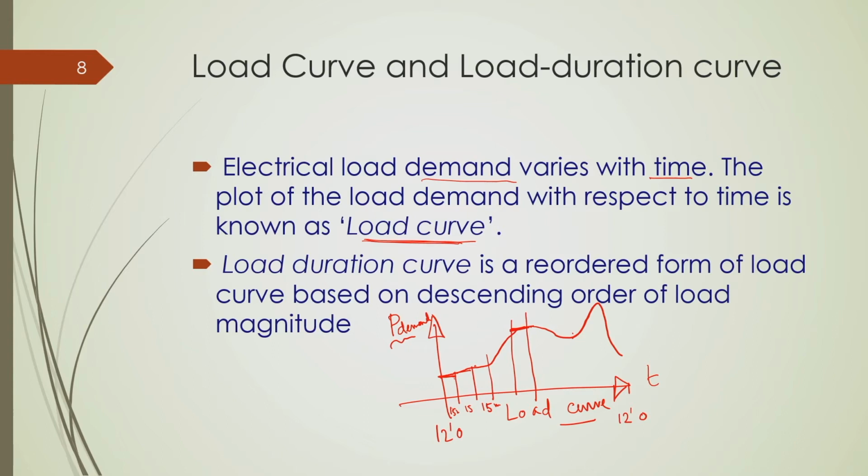This type of plot is called a 15-minute average load demand curve. Instead of 15 minutes, one can also take the 30-minute average of the instantaneous demand and plot it, and then it is called a 30-minute average load demand curve.